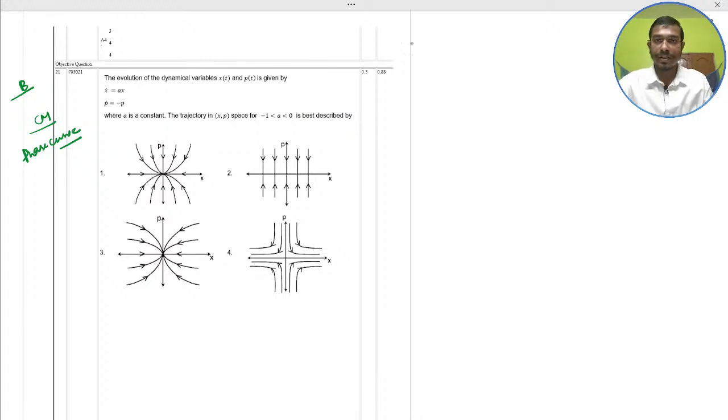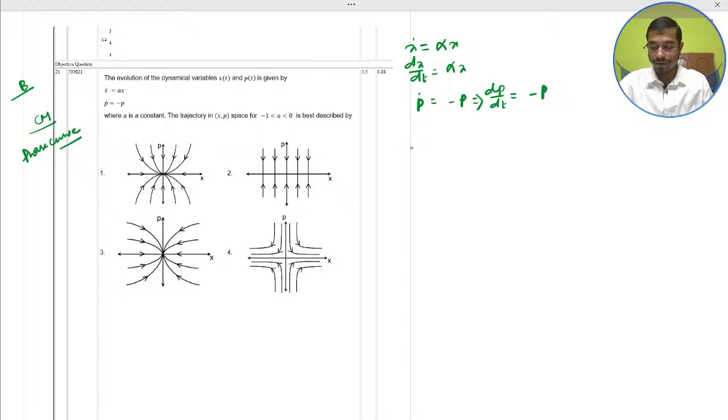So here x dot is given, x dot equal to alpha x. So dx/dt would be alpha x, and p dot is minus p, that is dp/dt. That means dp/dt equal to minus p.